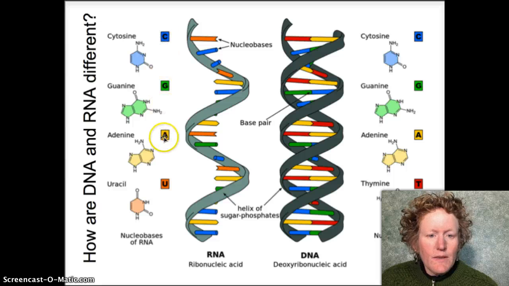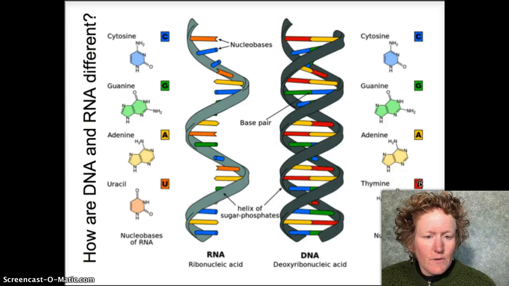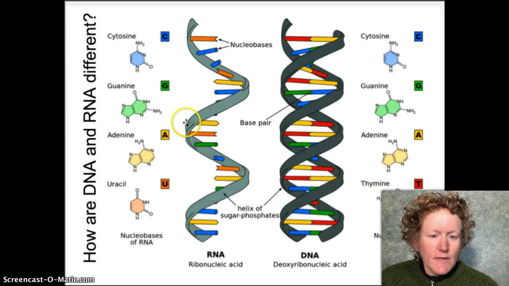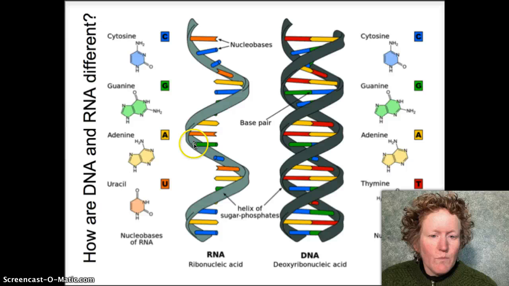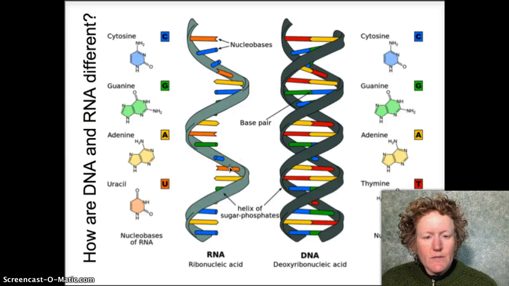It has three of the same bases, but this base here is different. This is uracil, and over here in DNA it's thymine. So it has different bases. It's single-stranded, and RNA is made in the nucleus, but it works outside the nucleus in the ribosomes, which are in the cytoplasm.